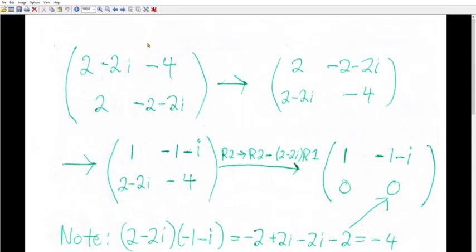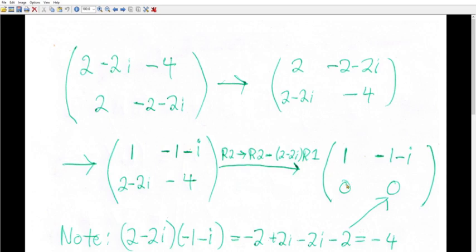Now we row reduce the matrix. The first thing that we do is switch row 1 and row 2 so that we can get a 2 up here. Then we divide the top row by 2 so that we have a 1 in the 1,1 position. And now we want to clear this column, so we need to multiply this row by 2 minus 2i and subtract it from the bottom row.